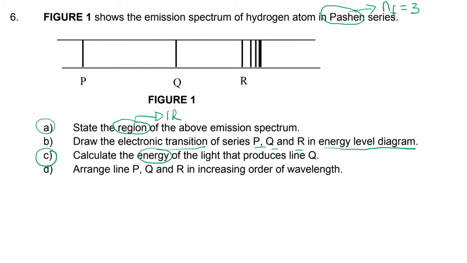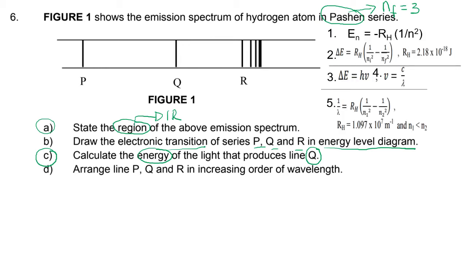Then next we continue with C. Calculate the energy of the light that produces line Q. Okay, so again, to calculate, we have to choose the formula. Before we choose the formula, we need to know what information we have regarding line Q. Based on this spectrum, we can know which line Q belongs to.